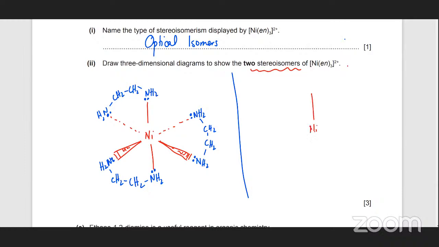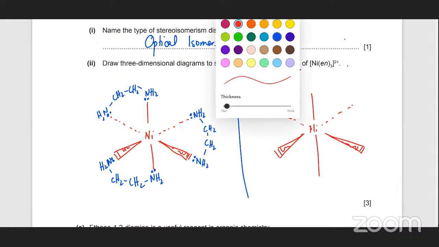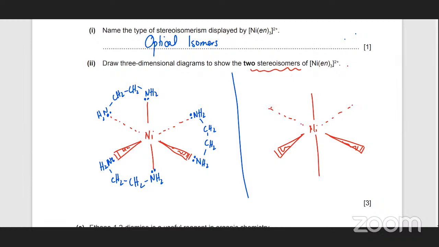Same thing, nickel, except I'm just going to roughly sketch this. Draw the mirrored version of this molecule. So I'm just going to represent en with two things. This thing over here is attached over here. So in the mirrored version, the molecule would be attached on this side.